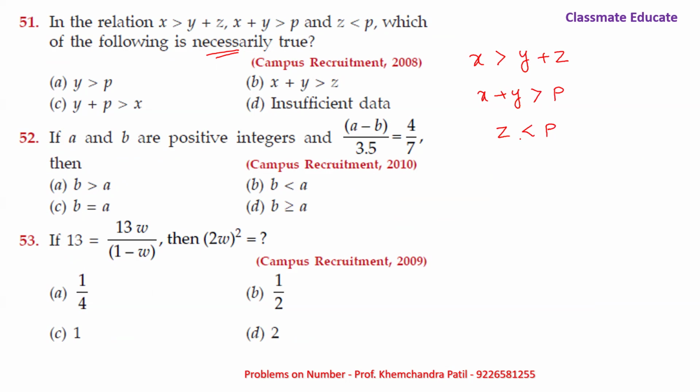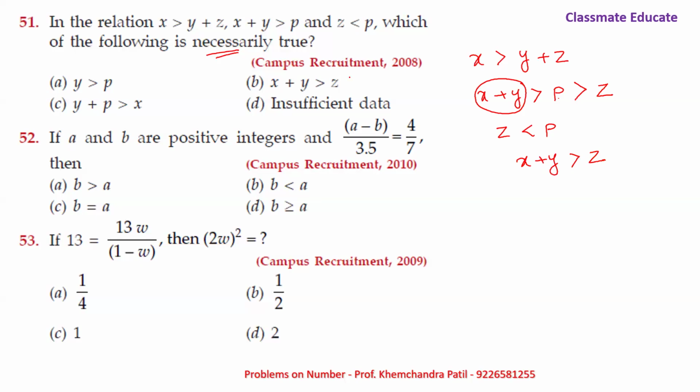Since if you observe this very carefully here, see, X plus Y is greater than P, and P is greater than Z. So can I say X plus Y is also greater than Z?